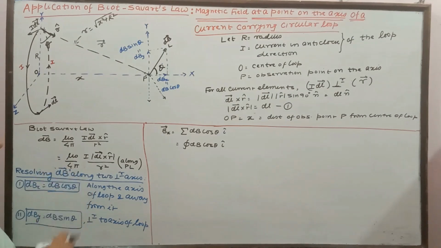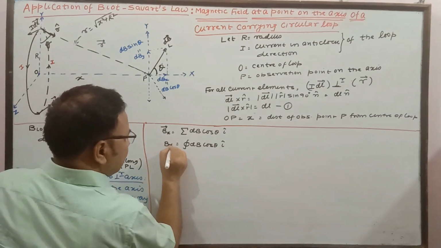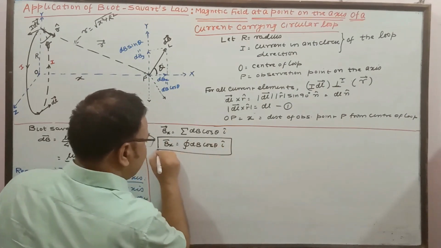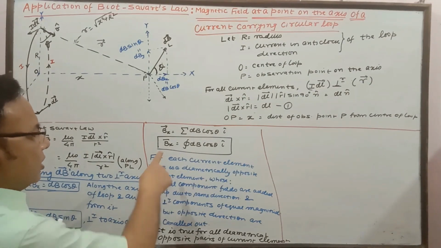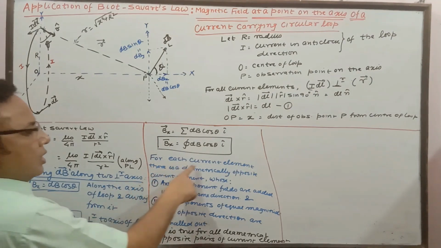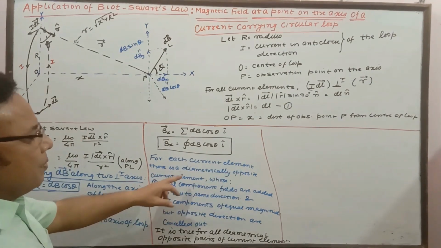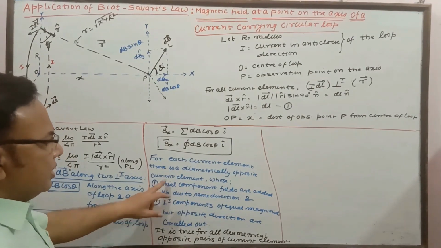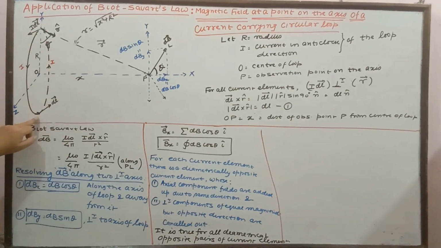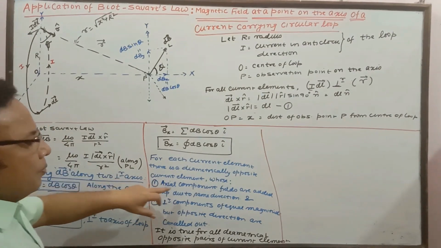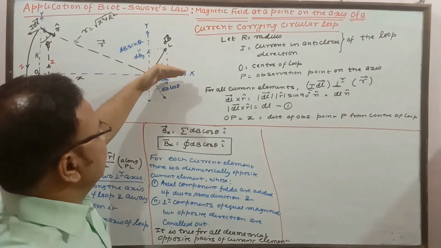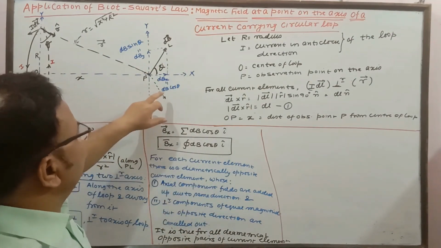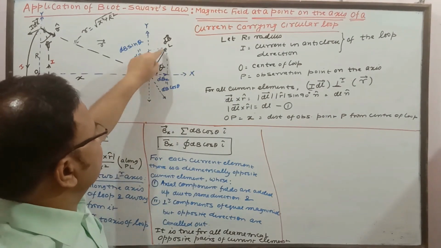Why is it so? Why are we taking only this? We can write it here, and the language is somewhat like this. What I had written for this, why I had taken this one: for each current element, there is a diametrically opposite current element like this. For this, the diametrically opposite one is this one, whose axial component fields are added up due to the same direction. Here both the fields are in the same direction, so they add up, due to both the magnetic fields, this field as well as this field.